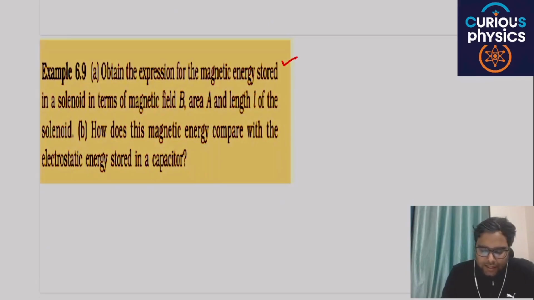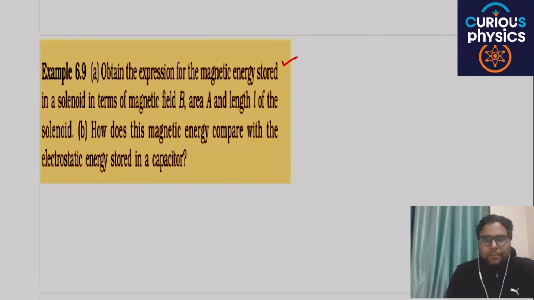Next is just a relation. Obtain the expression for the magnetic energy stored in a solenoid in terms of magnetic field, area and length of the solenoid. How does this magnetic energy compare with the electrostatic energy stored in a capacitor?